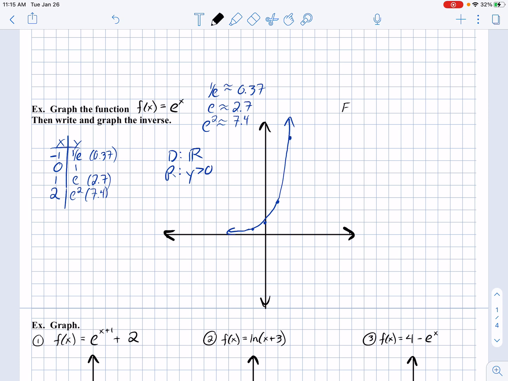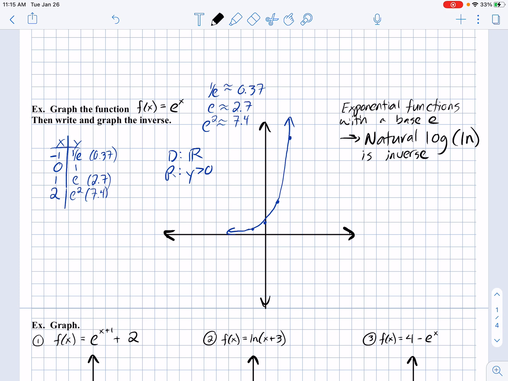So exponential functions with a base e, the inverse is a natural log, which we abbreviate with ln. I'm not entirely sure why it's not NL, but it's ln for natural log, and that is your inverse.